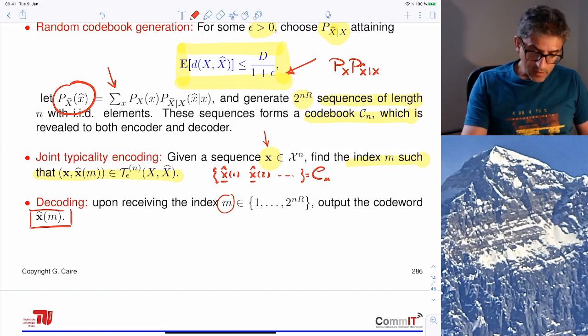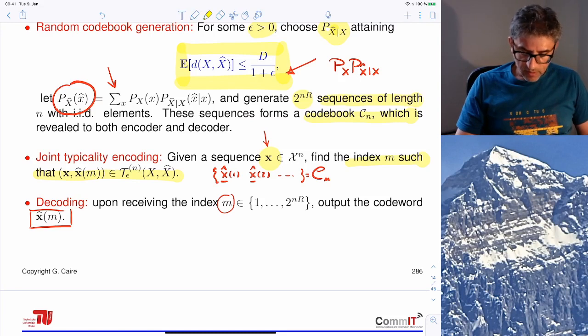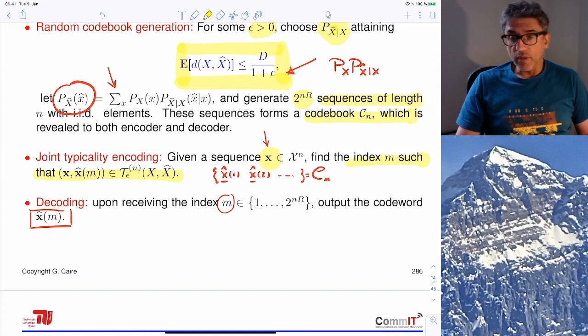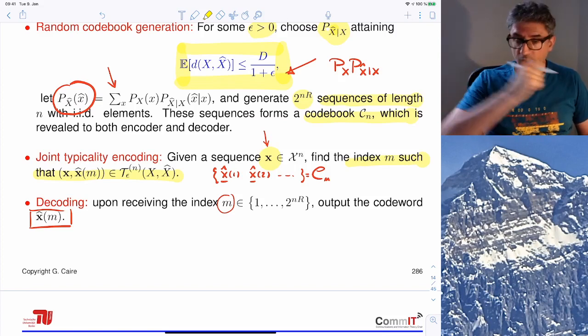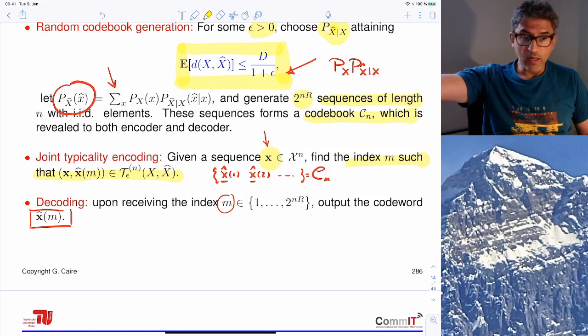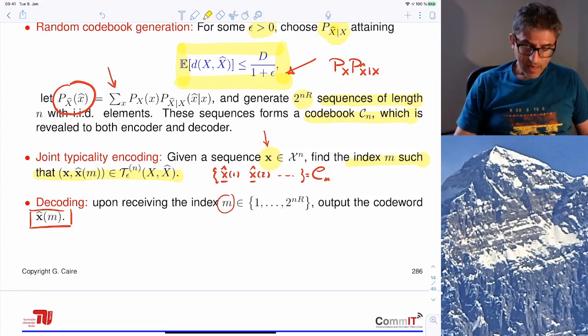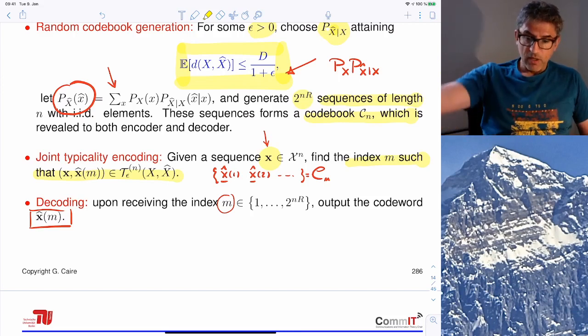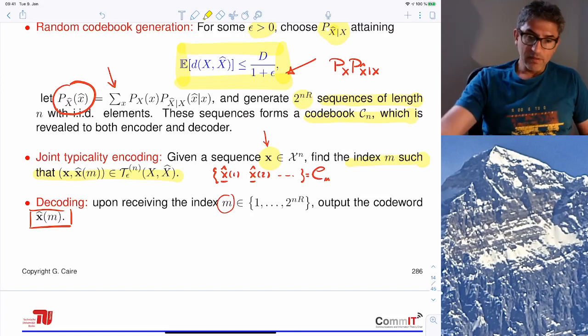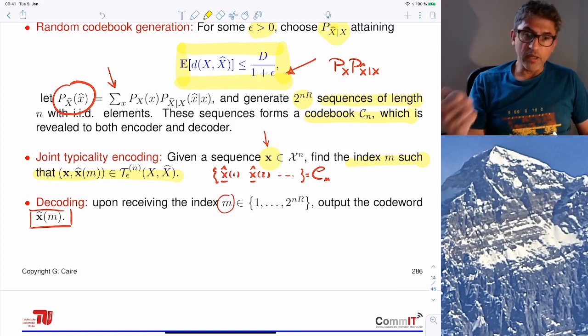If you remember, in the proof of channel coding, we had a very simple encoder: given the message m, transmit the code word x of m, and a very complicated decoder that outputs the index of the unique code word jointly typical with the output sequence y if such code word is found.